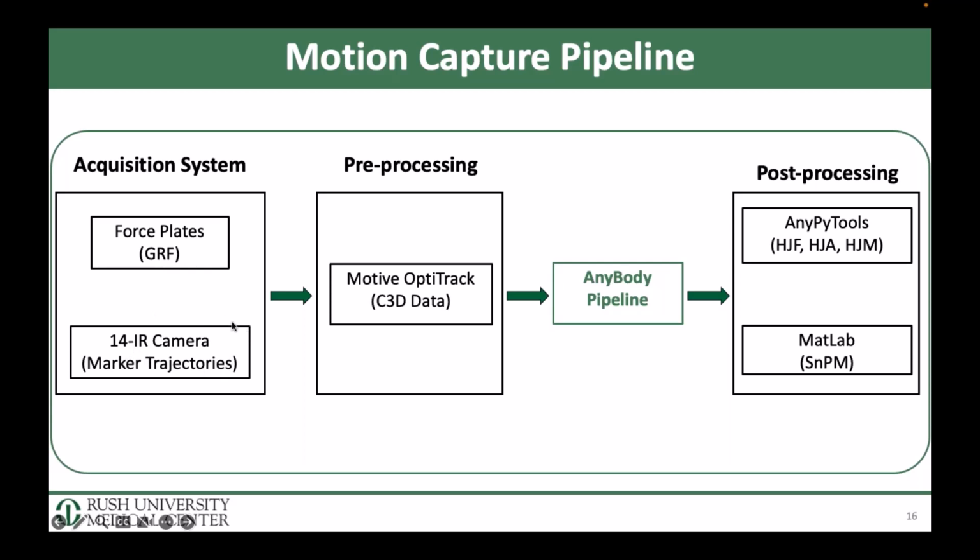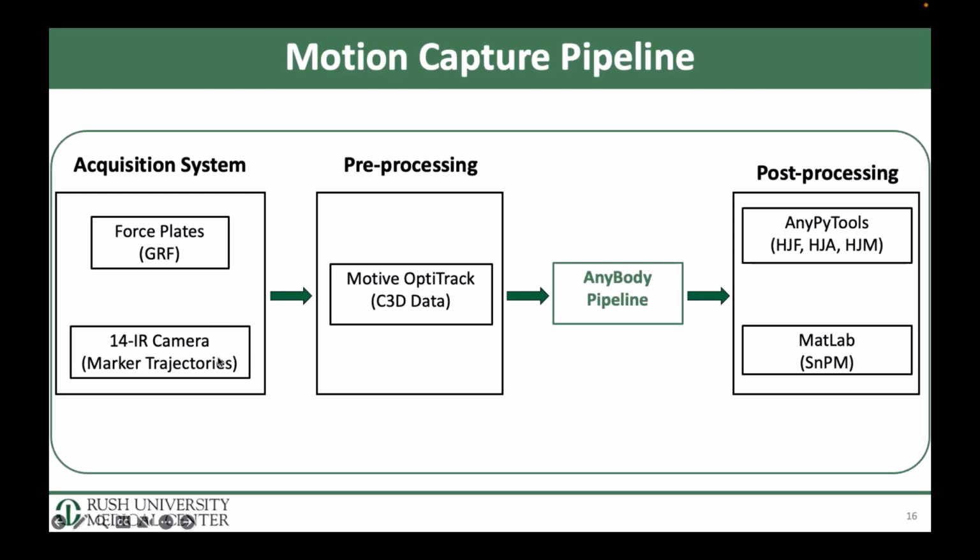Just to go a bit into the details, the idea is that when a subject performs a motion capture test, they are instrumented with some reflective markers, and then they are asked to perform a specific motion task, which could be gait or squat, like in the current study.